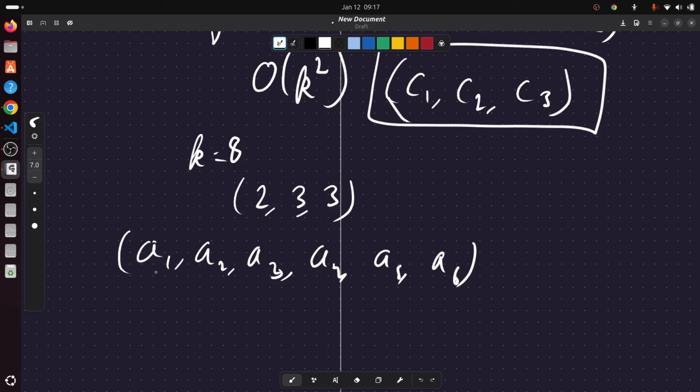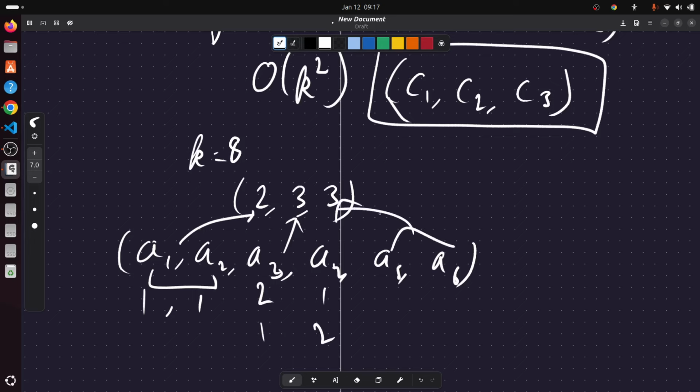I know that A1 plus A2 is 2, so they have to be 1 and 1 each. Then A3 plus A4 is 3, so either A3 is 2, A4 is 1, or A3 is 1, A4 is 2. And A5 plus A6 is equal to 3, so either A5 is 1, A6 is 2, or A5 is 2, A6 is 1.